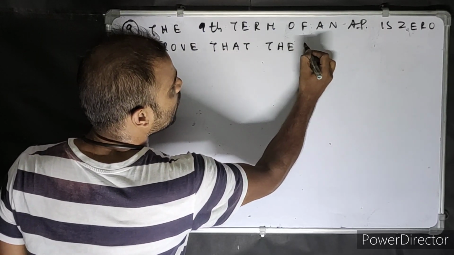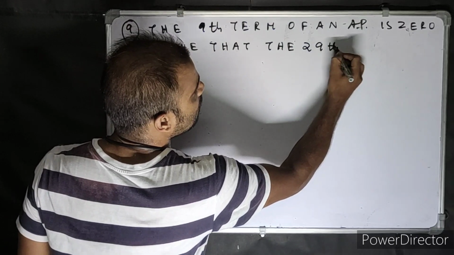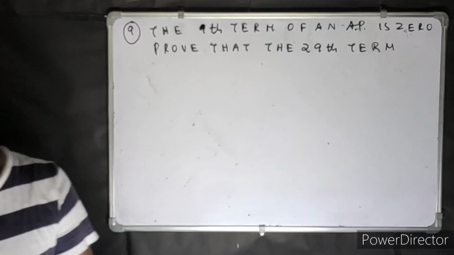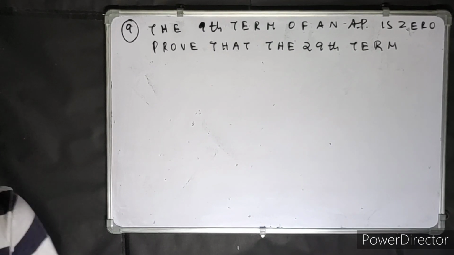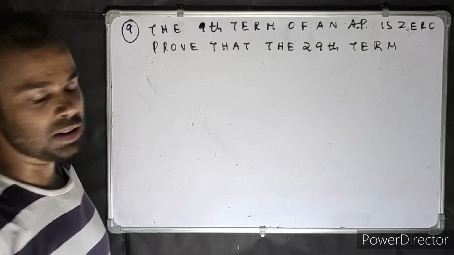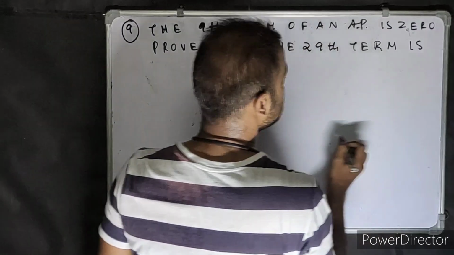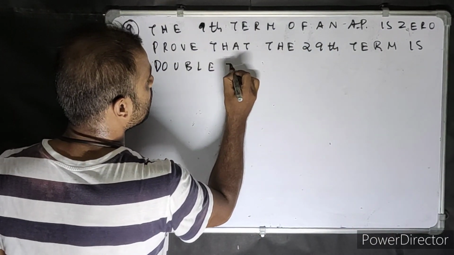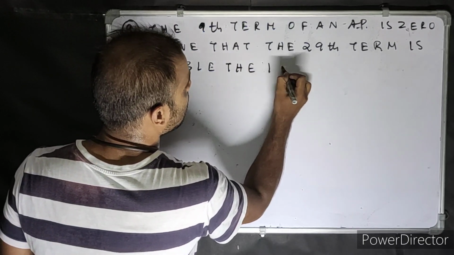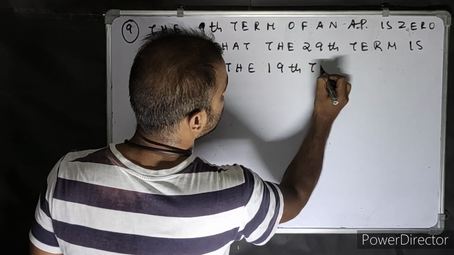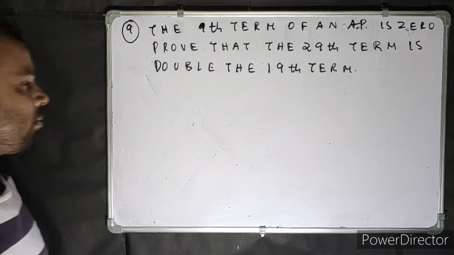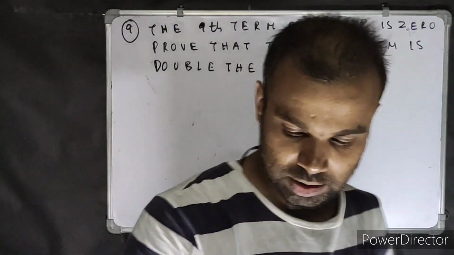Prove that the 29th term is double the 19th term. So first of all, let's analyze the question.